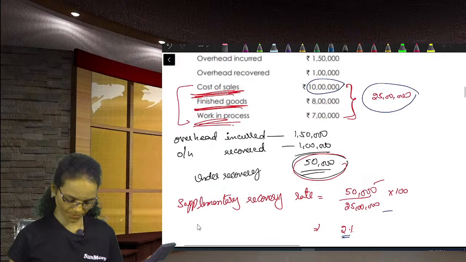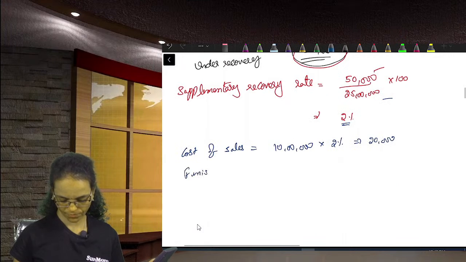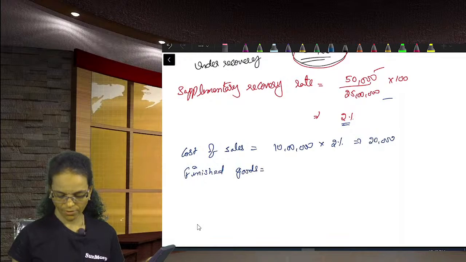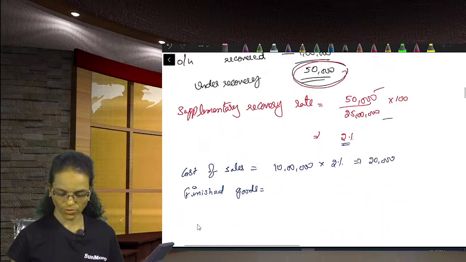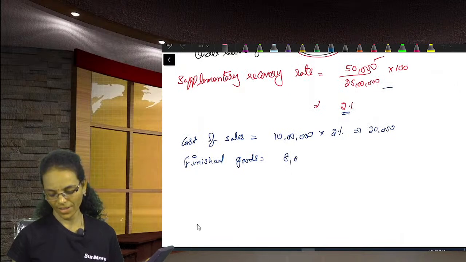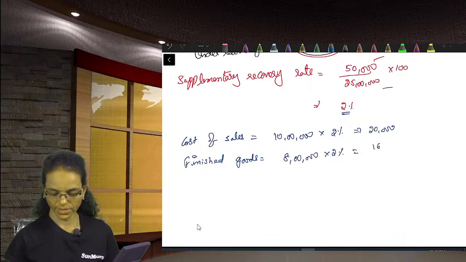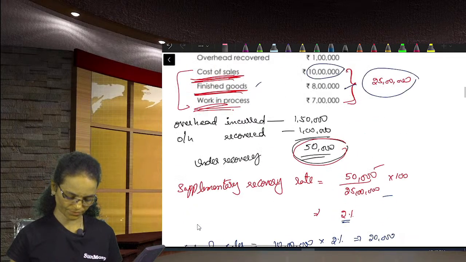Next, finished goods, 8 lakhs into 2% is 16,000.